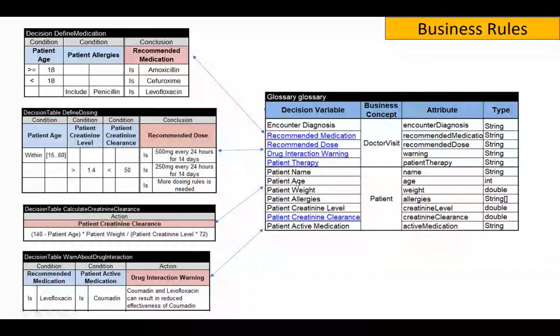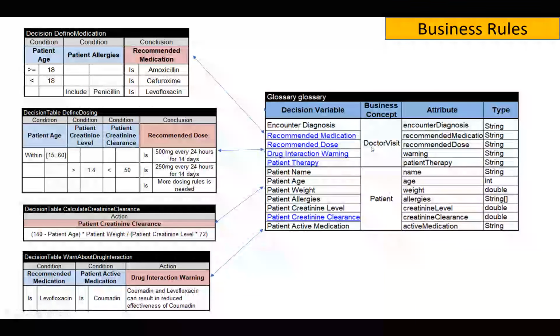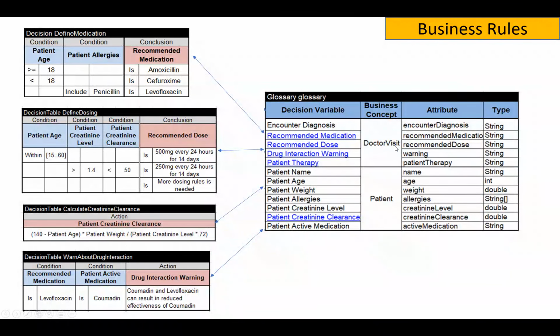For example, patient age obviously belongs to the business concept patient. And patient probably can have name, weight, allergies, and other information. But for example, encounter diagnosis and recommended medication, this is something temporary, related to the business concept we can call doctor visit. And in this case, this is a natural classification.